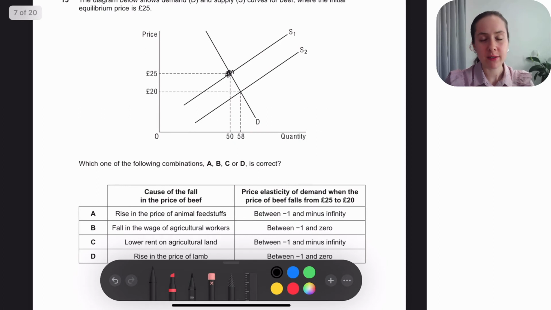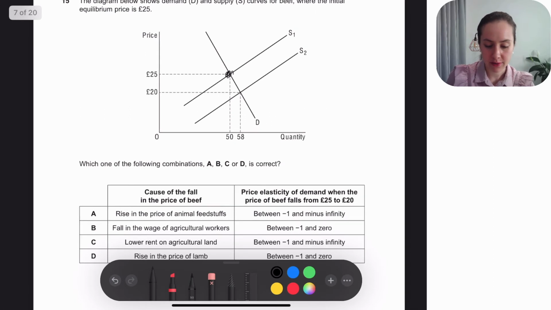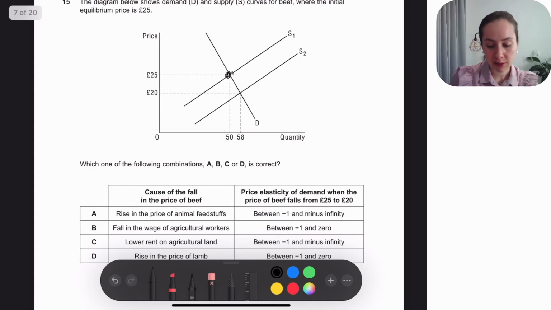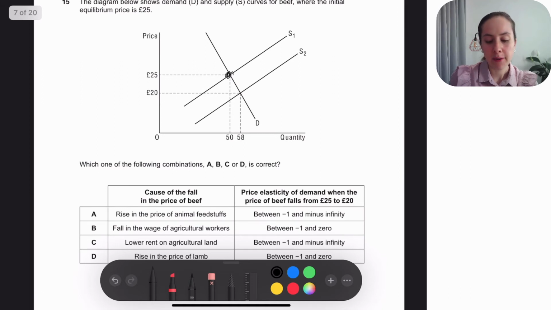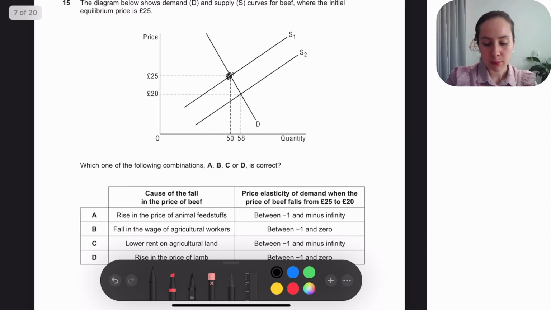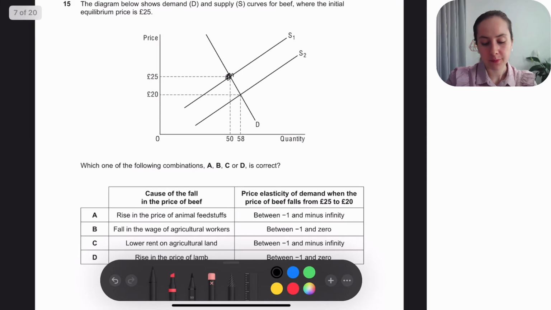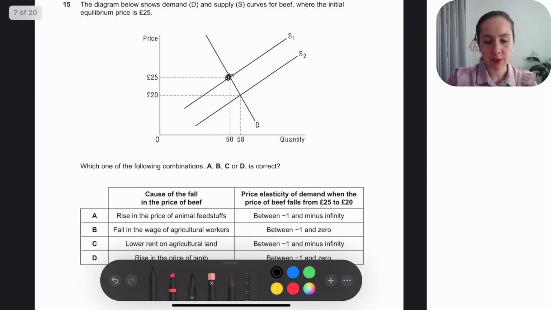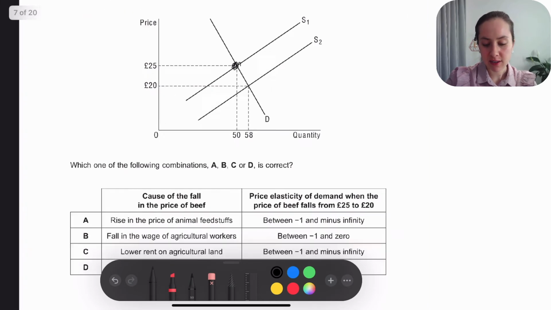So higher price of its feed is not the answer. Lower wage for agricultural workers, yeah, because then the beef will be made more cheaply, so more beef will be able to be supplied. So B looks like a good one. Same with C, that also makes it cheaper. So I'm between B and C for this one for now.